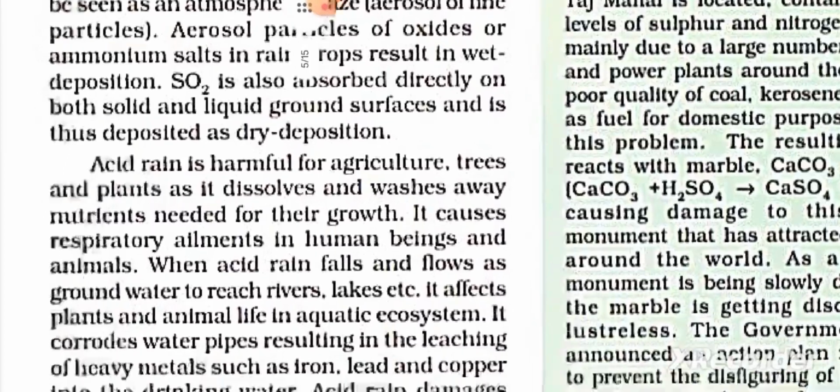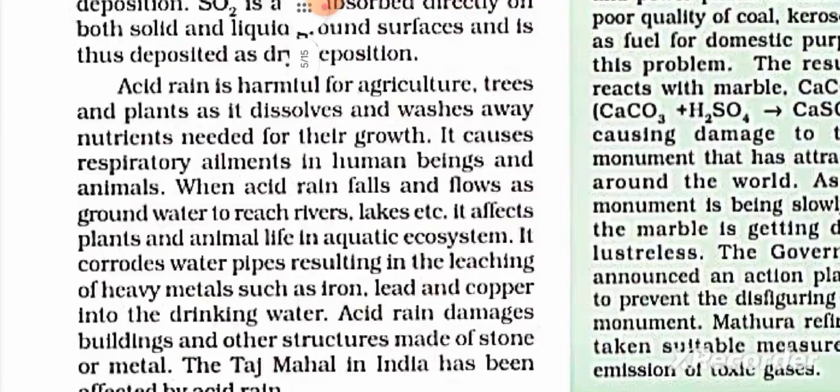Acid rain is harmful for agriculture, trees and plants, as it dissolves and washes away the nutrients needed for their growth. It causes respiratory ailments in humans and animals. When acid rain falls on the ground and reaches rivers and lakes as groundwater, it affects the plants and animals in the aquatic ecosystem.